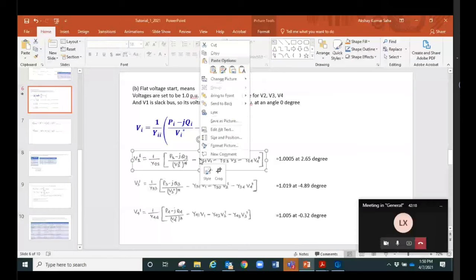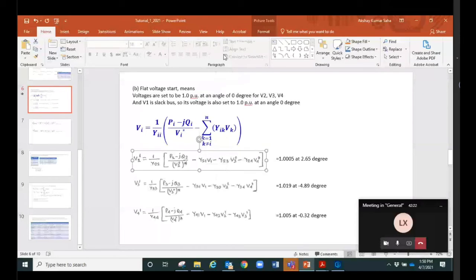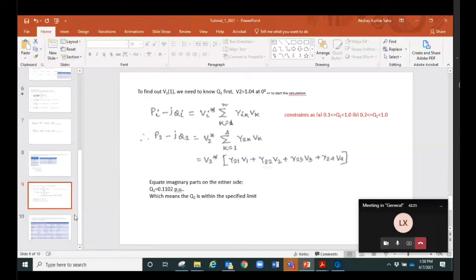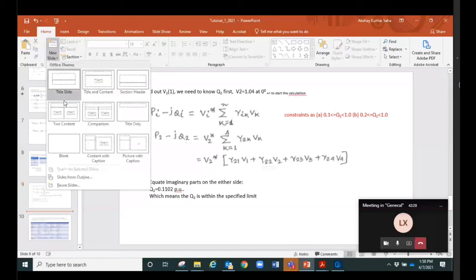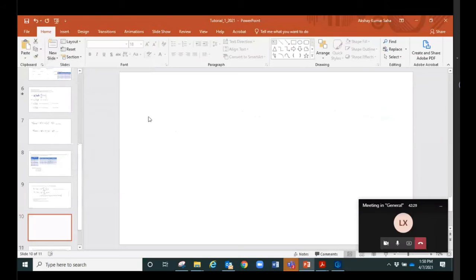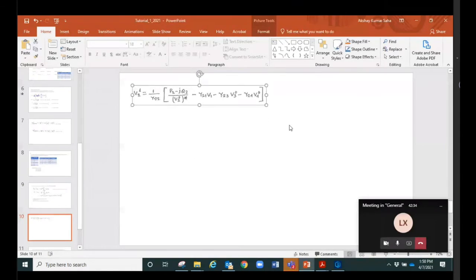We can copy this and put it in this new slide where we'll put the values. We can use this formula once again, and then we can find out the value of V2^(1).